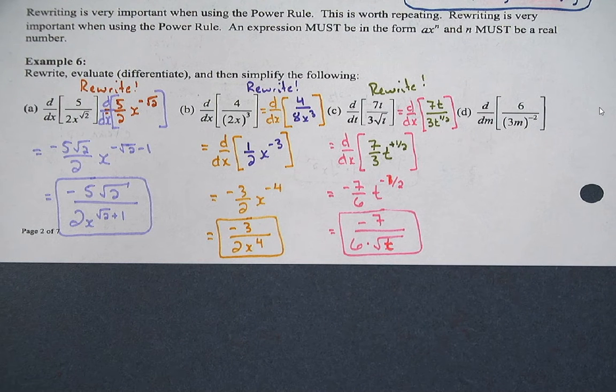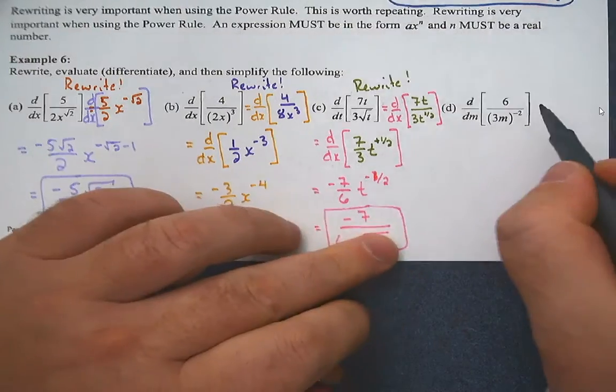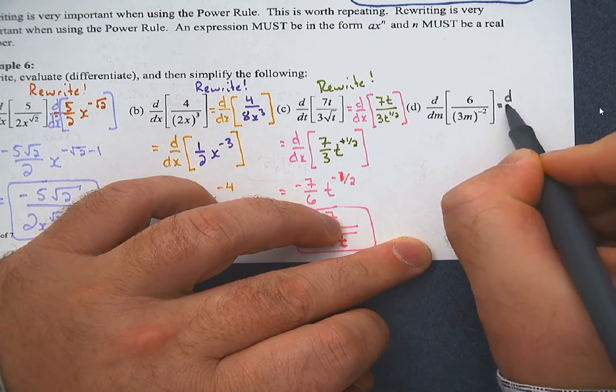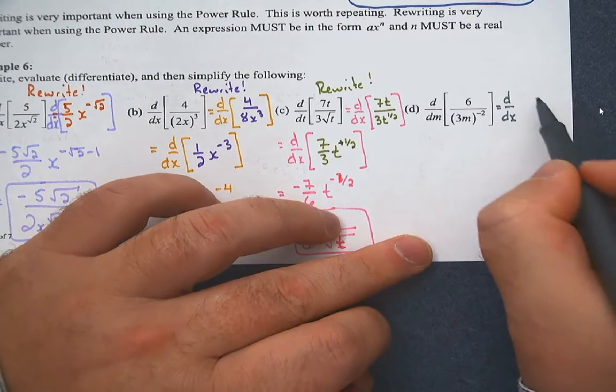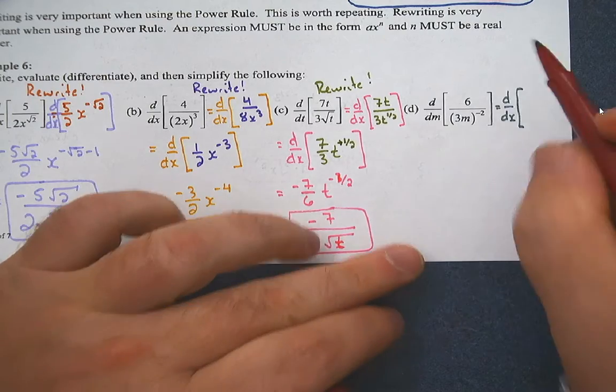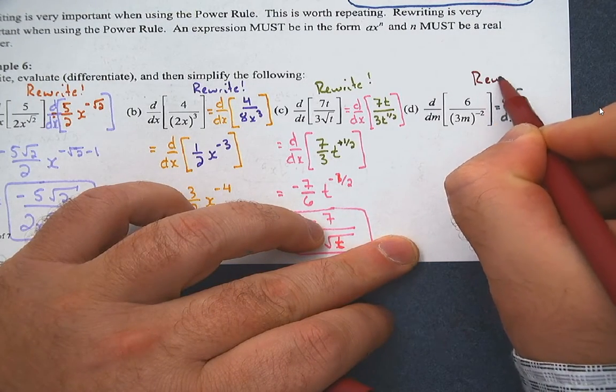So we're going to start off with our rewrite. What two colors haven't I used yet? Let's try these two. Okay, so my rewrite equals d dx of, doing a rewrite here.